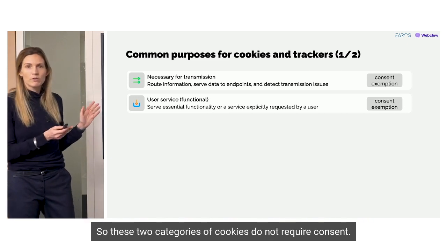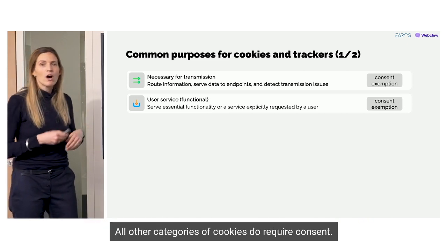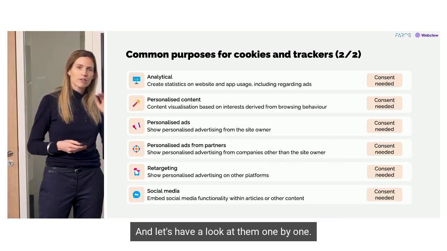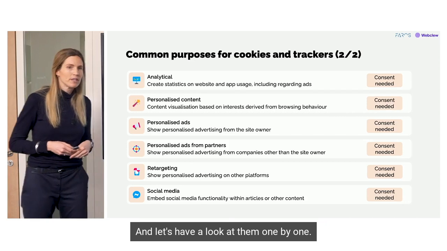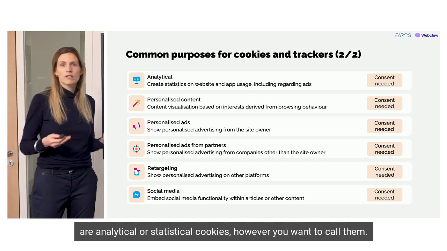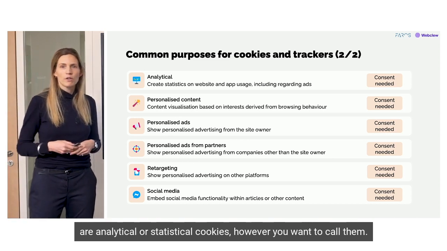So these two categories of cookies do not require consent. All other categories of cookies do require consent. And let's have a look at them one by one. First category of cookies that will require consent from the user are analytical or statistical cookies, however you want to call them.